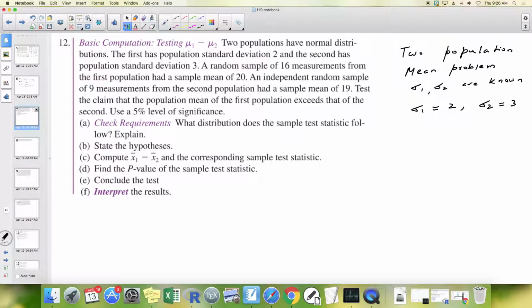A random sample of 16 measurements from the first population, that means N1 is 16, had a sample mean of 20. So x1 bar is 20.